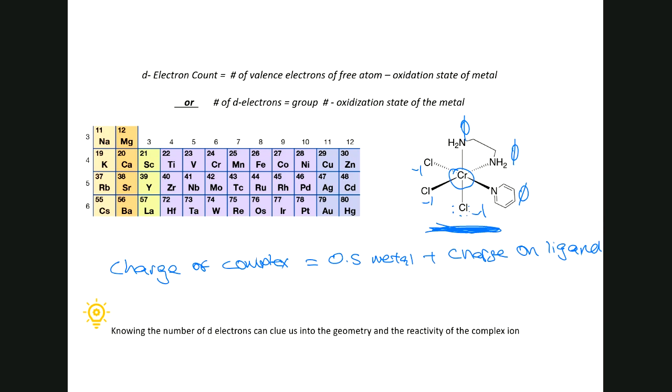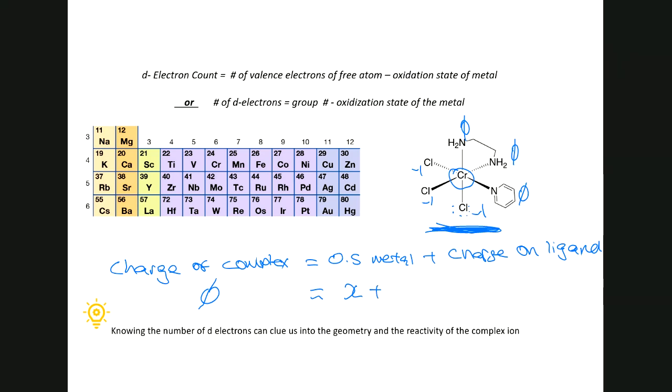In this example, we can see that for the complex there's no counter ion, there's no charge around it, therefore the overall charge must be 0. The oxidation state of the metal we don't know, so we're going to call that X. The charge on the ligands now, we have to add all of those up.